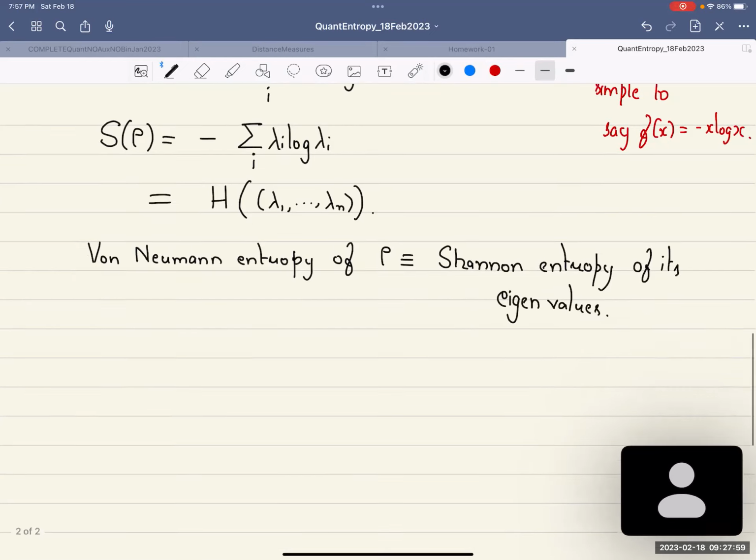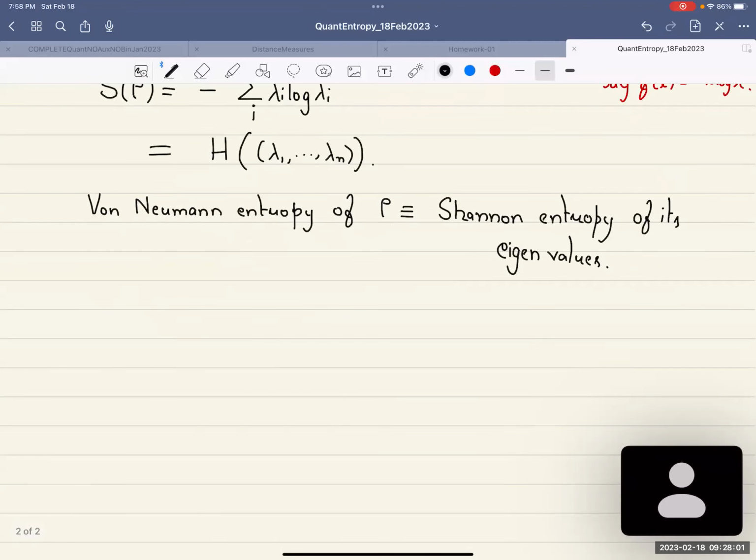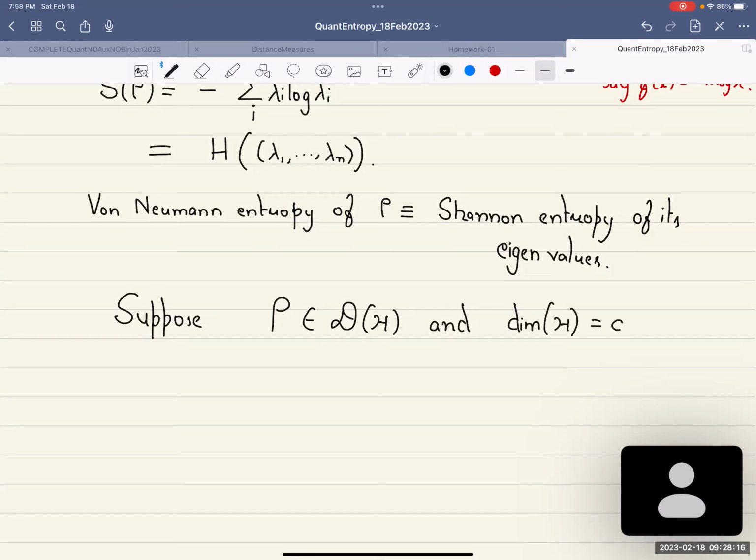So what does this tell us? Suppose rho belongs to D of H, and the dimension of the space in which it lives is D. What can you say about S of rho?